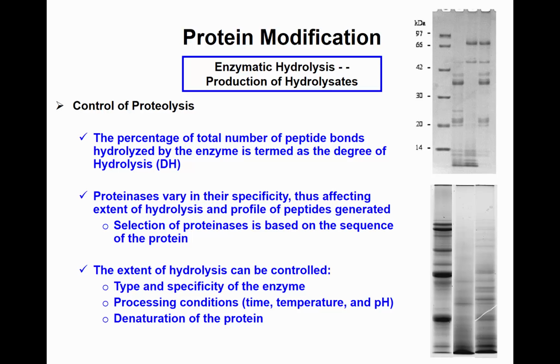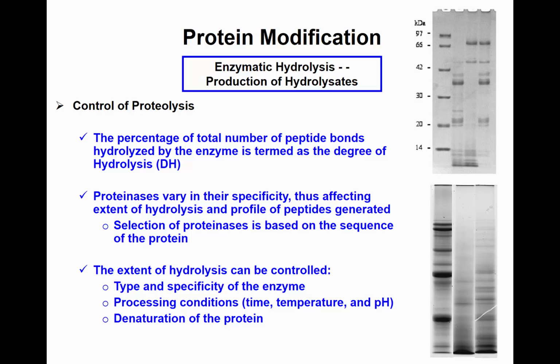And we talked last time that we want to maintain a limited degree of hydrolysis, otherwise the protein becomes less functional. If the degree of hydrolysis is way high, the protein, for example, will not gel, will not emulsify. And if it emulsifies, it won't be stable for a long time.